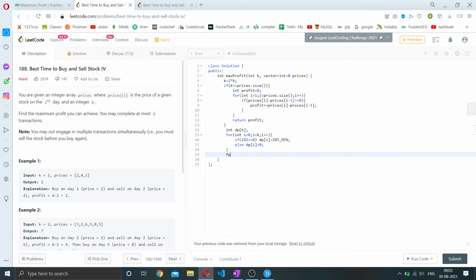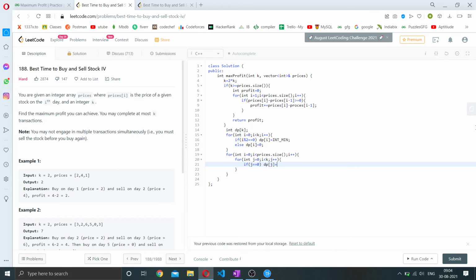So now we have to check for every i in the prices array. Let's start from prices dot size, i plus plus, and for int j equals to 0, j less than k, j plus plus. For the first state, for j equals to 0, we can only buy the stock.